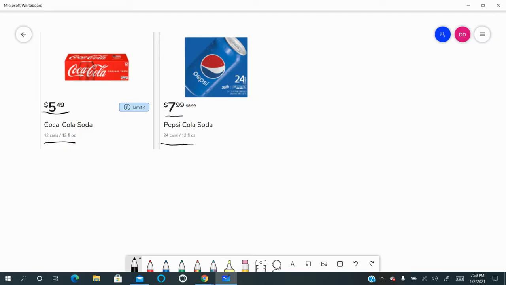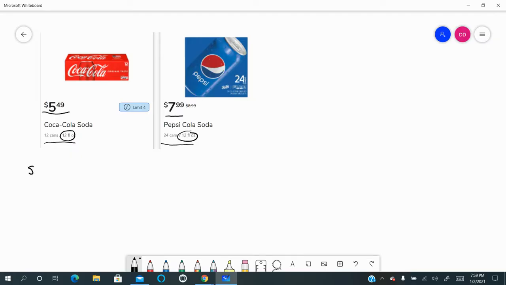Okay, I hope you chose to divide by the number of cans. Since all the cans are the same weight, it's easier to find the price per can in each one of these. Price per ounce wouldn't make as much sense for this.